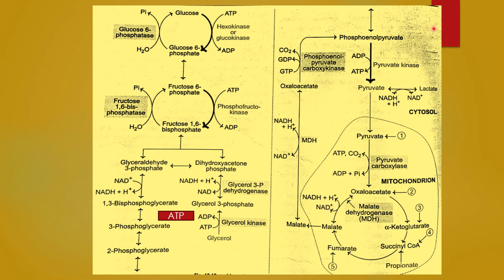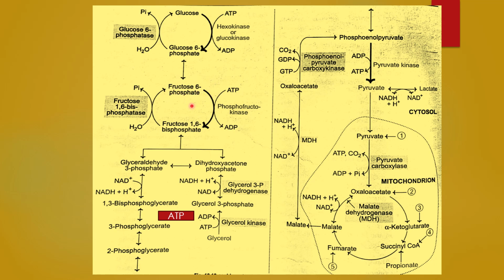Then further, phosphoenol pyruvate follows the same reverse steps of glycolysis with the same enzymes. It converts into 2-phosphoglycerate, from 2-phosphoglycerate to 3-phosphoglycerate, finally to 1,3-bisphosphoglycerate, and from glyceraldehyde 3-phosphate it converts into fructose 1,6-bisphosphate. Further, fructose 1,6-bisphosphate is converted back to fructose 6-phosphate.